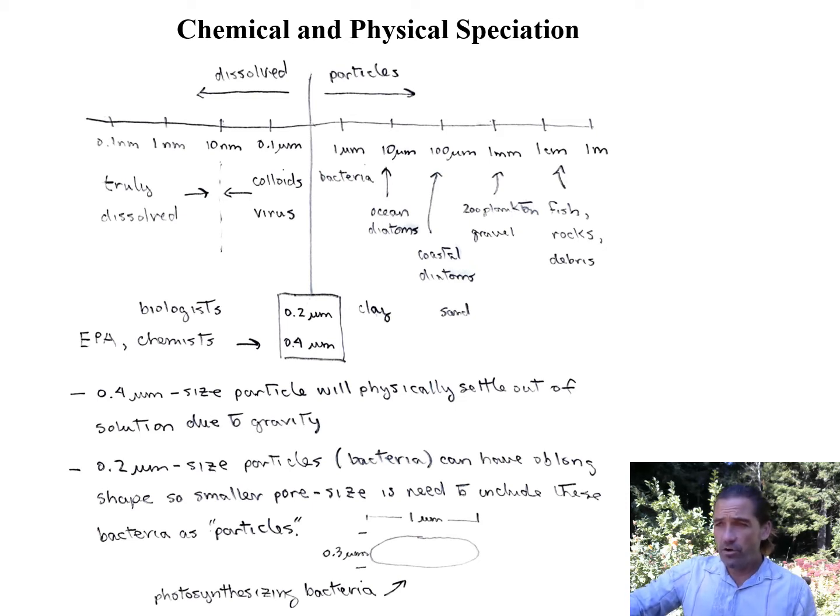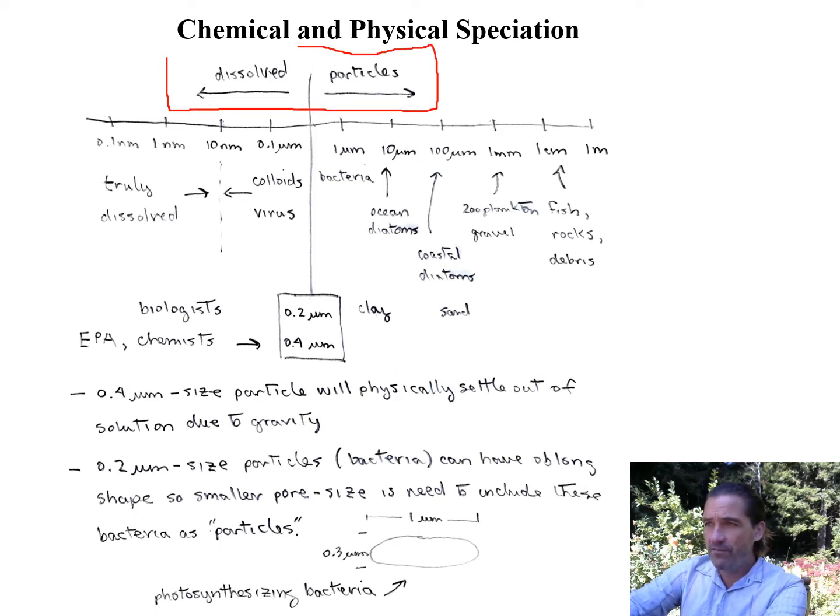And so let's just go through and look at how we can start to figure out the different forms of an element. So first off, I think it's important to look at the physical speciation of an element. And so when I mean physical, we're talking about the size of the particle in which it's associated with.